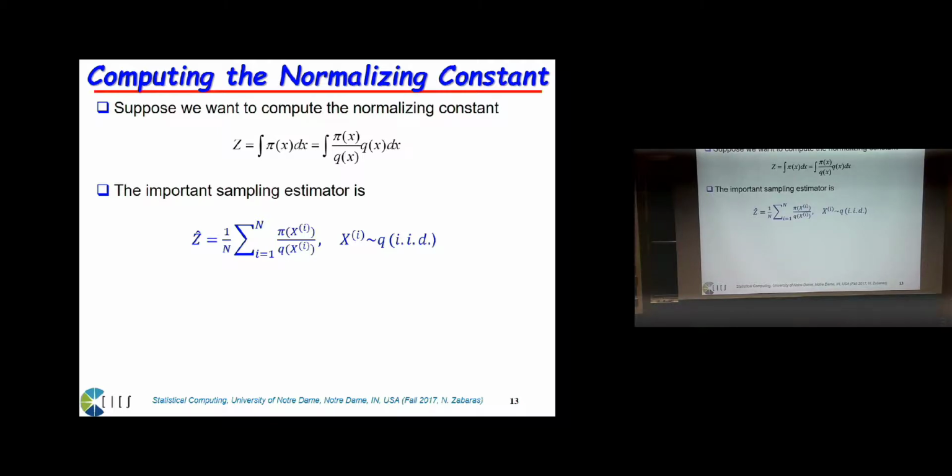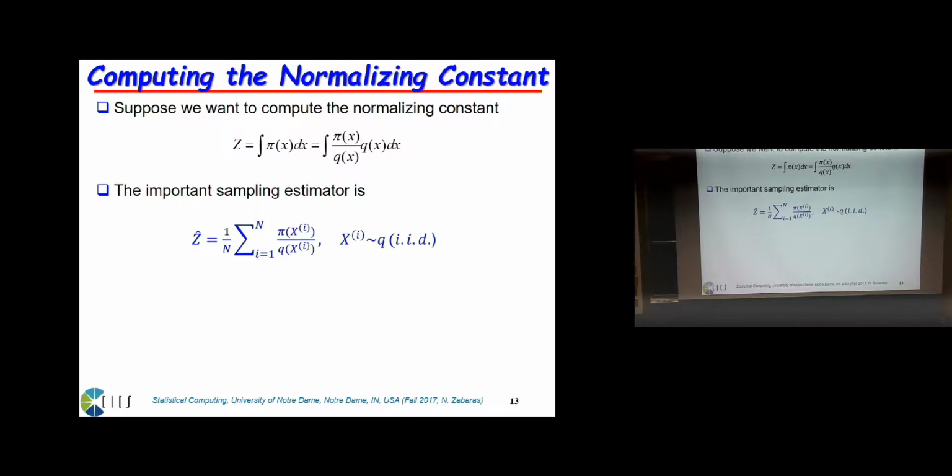If you take the average weights, that gives you the normalization factor. That's a very important result to remember, not only in the context of importance sampling, but later when we do sequential Monte Carlo, you can reuse the weights to compute the normalization factor Z. A very easy way to compute Z.